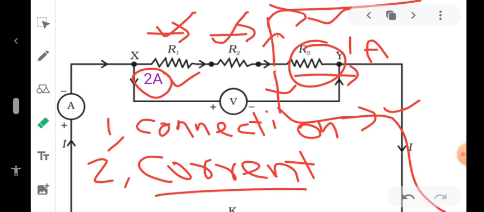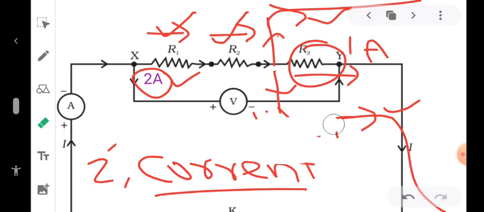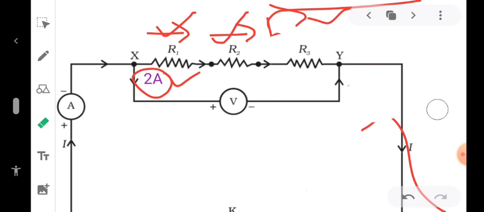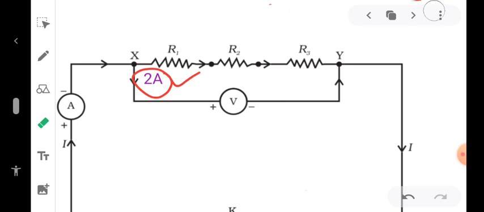To identify how the resistors are connected, we have to analyze the connection first. Whether it is a series connection or parallel connection, how the terminals of the resistors are connected, that is what we have to analyze first.